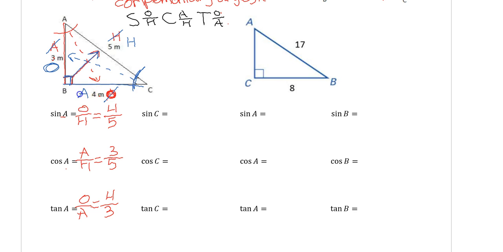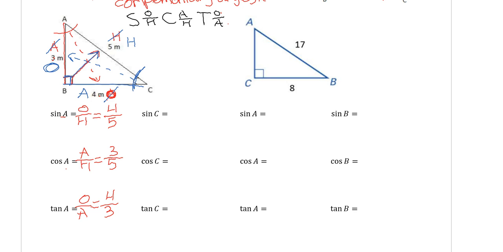Between these two is my adjacent side. So, if you move to a different angle, your opposite and your adjacent side switch. This is very important because this is probably one of the biggest things that we mess up in this whole unit. Okay, so if you switch angles, you have to switch your sides as well.